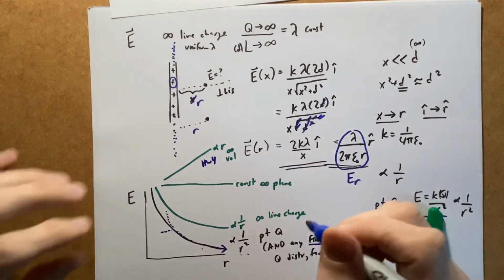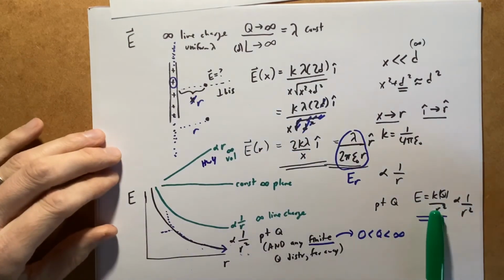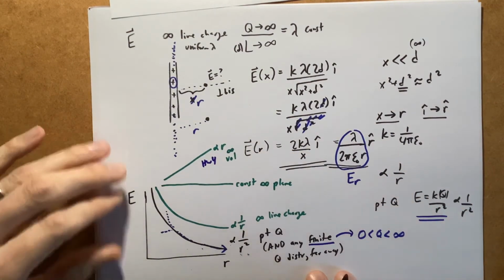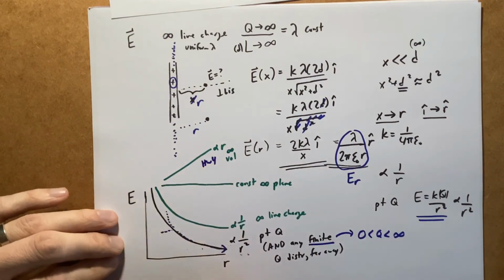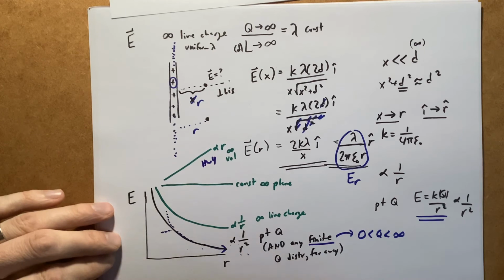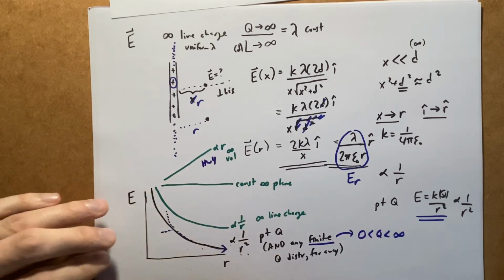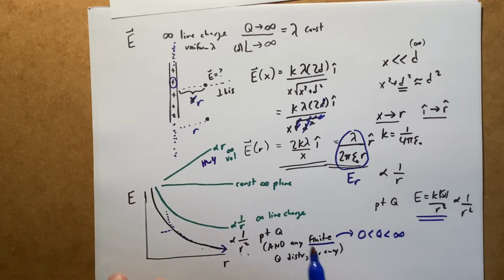Okay, so this is a really good way to catalog results. Anytime you have these charge distributions, you can get a general sense of how they go to infinity. Point charges, and anything that looks like a point charge far enough away, because the charge is finite, will go to infinity like this.